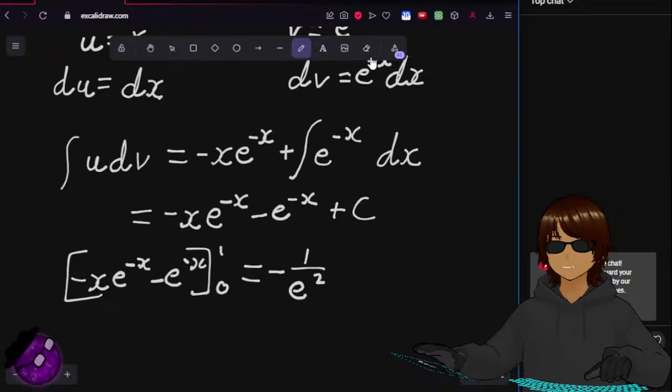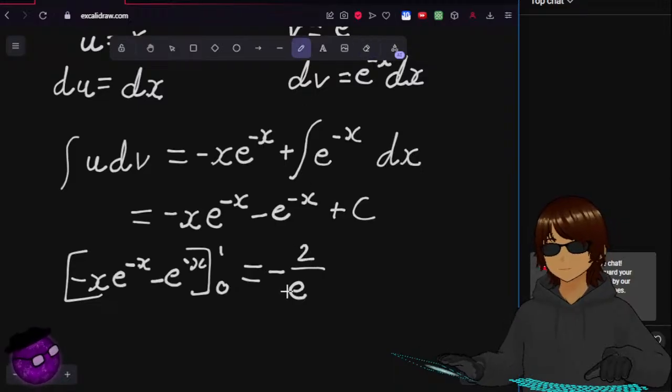Is this correct? No, this is not correct. This becomes 1, 1, and 1. So minus 1 over e minus 1 over e gives minus 2 over e. And subtract it with this is 0 and this is 0. E to the power of 0 is 1.